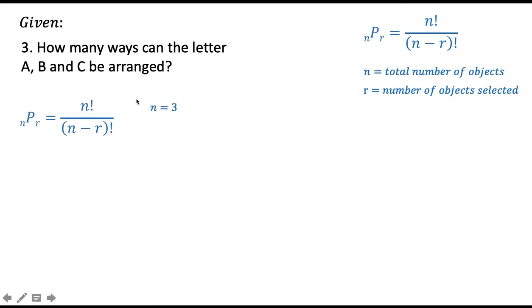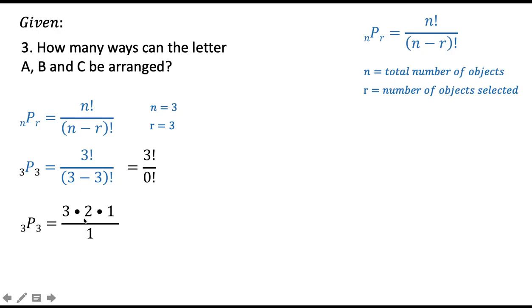So our n here is 3 because there are 3 letters given and 3 taken at a time. So our r is also 3. So we're going to substitute it in our formula. So in here, 3 factorial. So 3 minus 3 is 0. That is 0 factorial. Then expand: 3 times 2 times 1, that is 6, divided by 1, 6. Therefore, that is the permutation of this given.